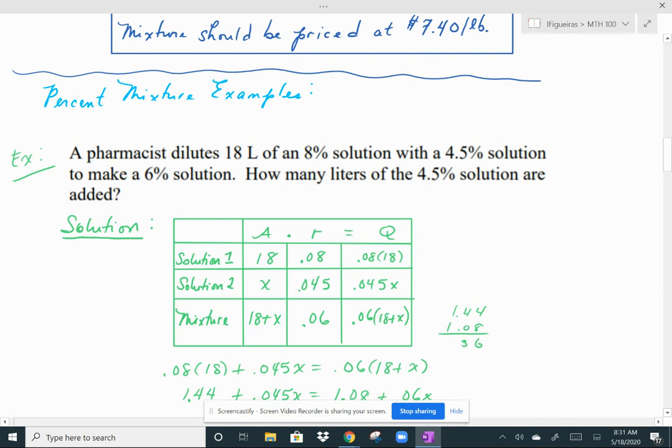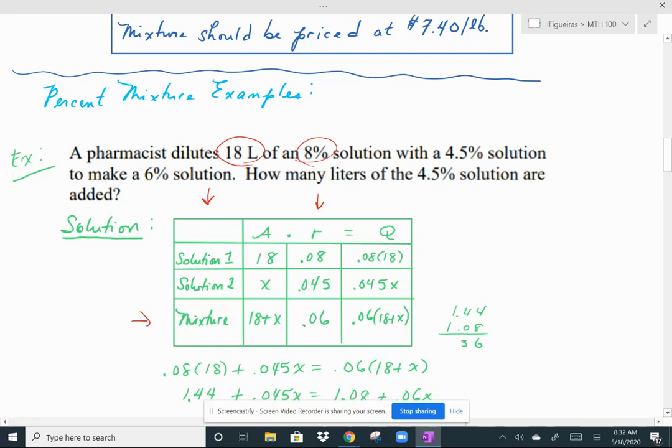All right, so I'm calling my ingredients solution 1 and solution 2, and we're creating a mixture. You're given that the first one has 18 liters of 8% solution. With percentages, you can't write 8% in the percent column. So instead of writing 8%, I put 0.08.